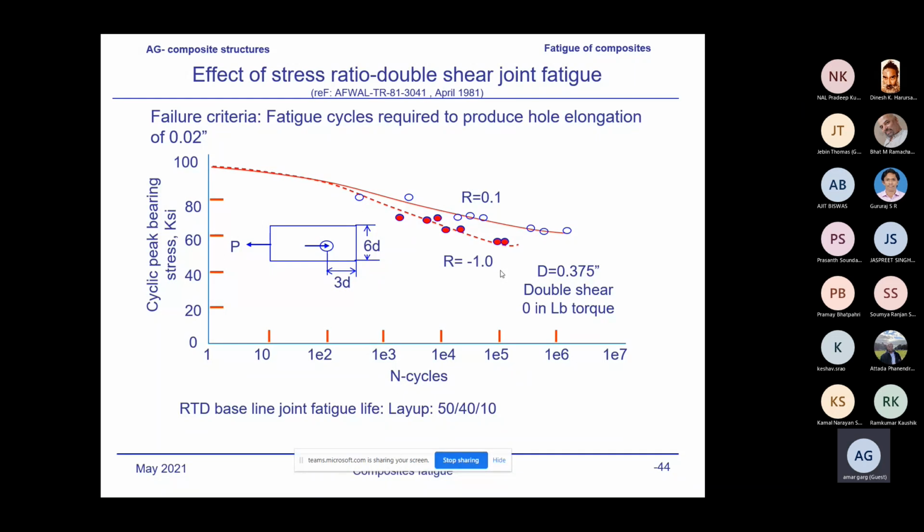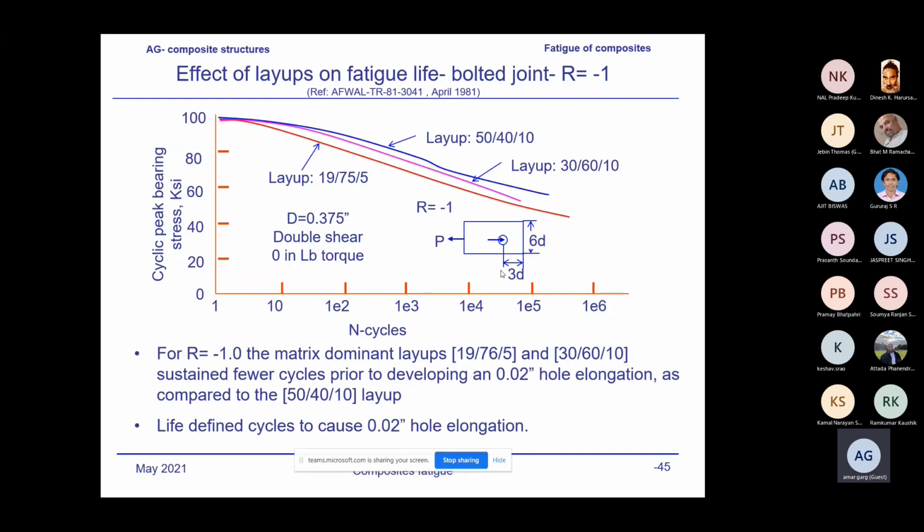Okay, now this is again showing the layup effect for various layups as 50, 40, 10, 30, 60. As we have seen from previous results also, as the percentage 0 degree comes down, the fatigue performance reduces.